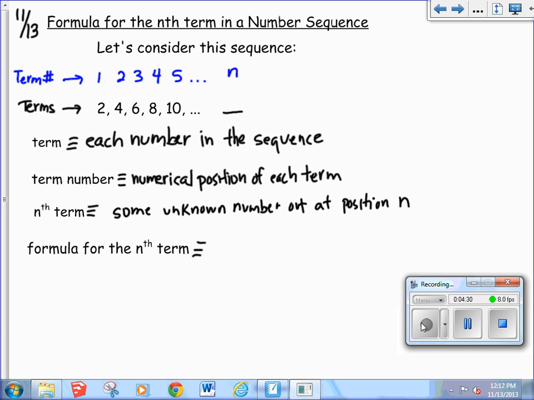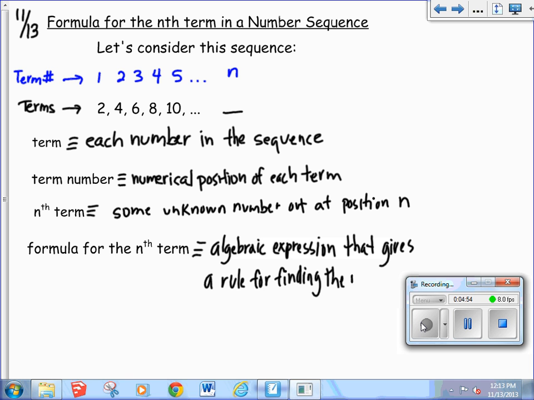and that is just really an algebraic expression that gives a rule for finding the nth term.